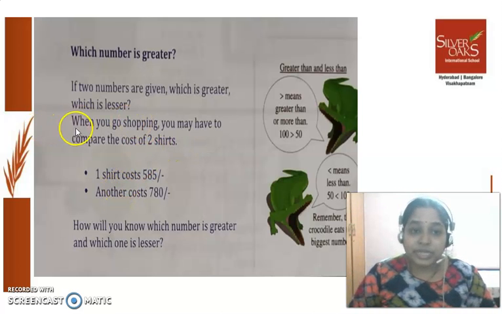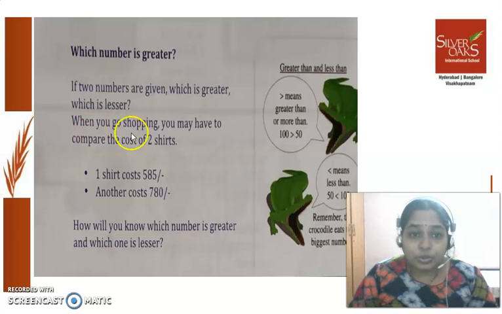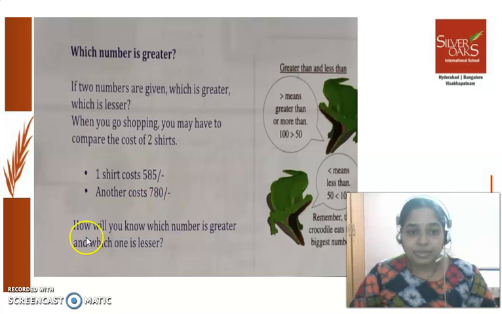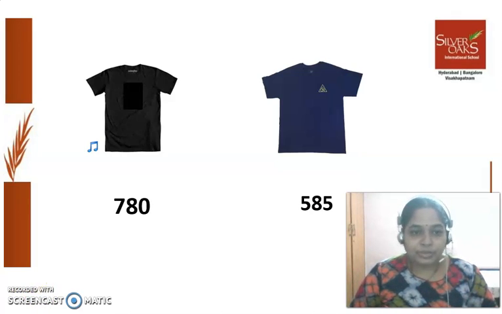Okay? Now read this. When you go shopping, you may have to compare the cost of two shirts. One shirt costs 585, another costs 780. How will you know which number is greater and which one is lesser? Now for example, you went to shopping.